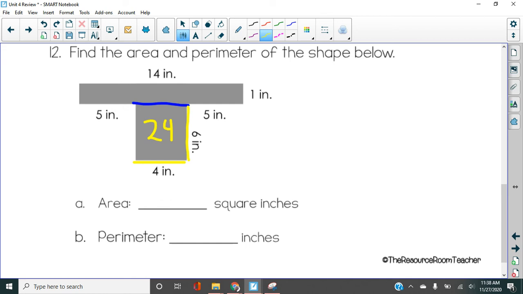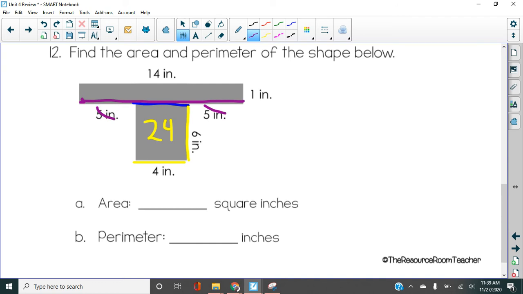What is the area of the other one? Look at this. Up here on the top, I have the length, which goes all the way from here to here. Which number is the length? It is the number 14, right? Not the 5, not this 5. We don't need those right now.